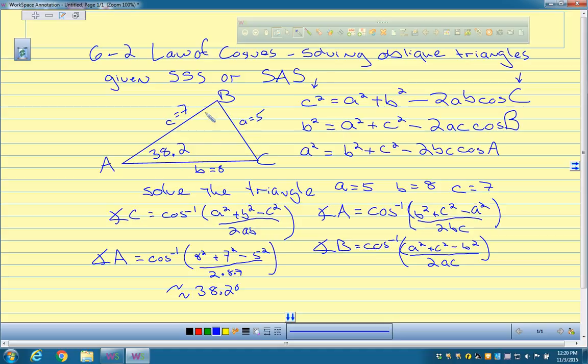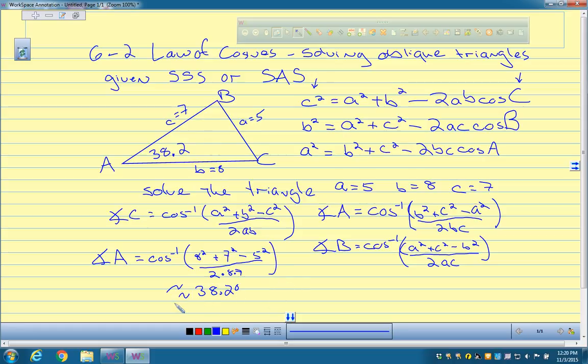In this case, you could use law of sines, but it would be an ambiguous case, because you don't know whether this is an obtuse angle or an acute angle. You see? If I solved it with law of sines, I might get that this is 80 degrees, but it also might be 100 degrees. So you have to use law of cosines again to find angle B.